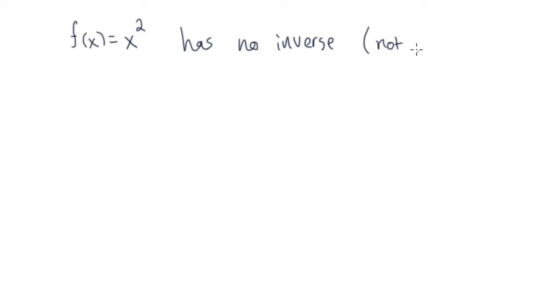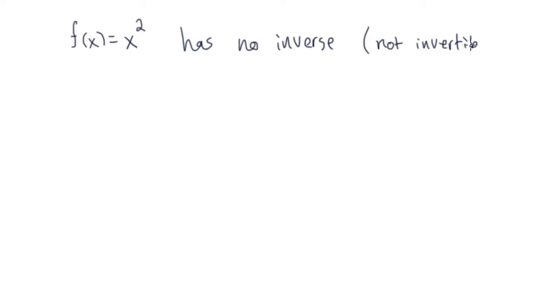So now that we know when a function has an inverse, let's actually go back to our example of a function that does not have an inverse on its natural domain. And that's x squared. Has no inverse. And another way to say this that we'll say sometimes, so it doesn't have an inverse, in other words, it's not invertible.